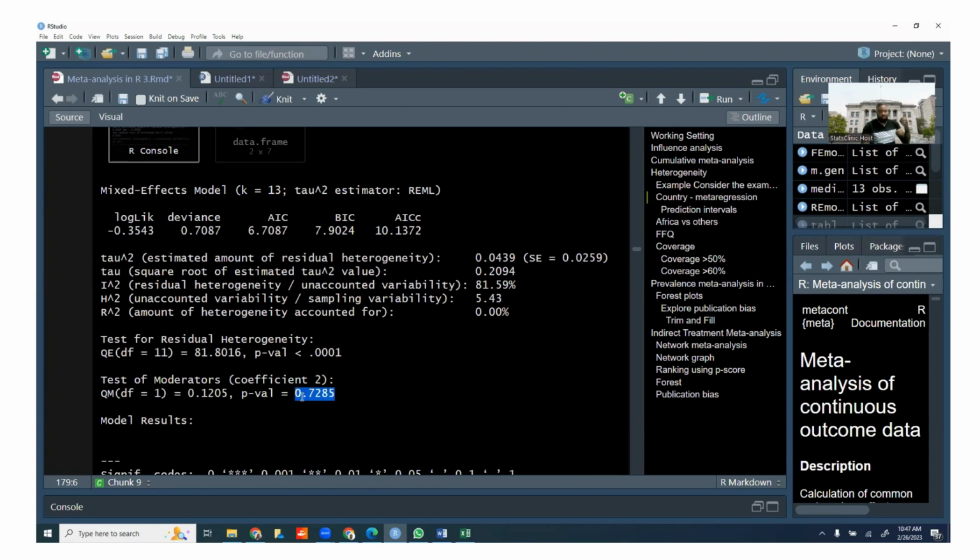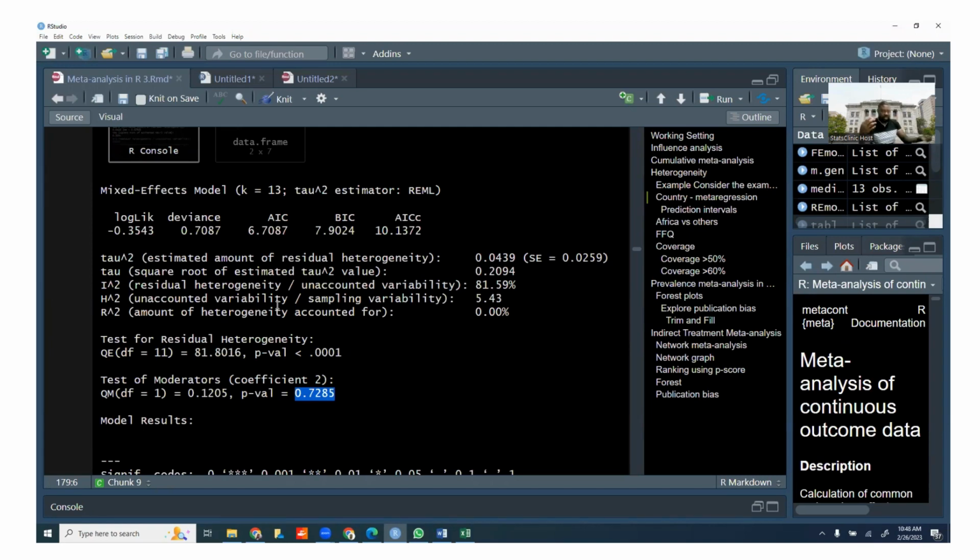This is the p-value of heterogeneity that tells us whether this moderator, which here is country, has an impact on the result or not. This is really all that we're looking at, right? If it's significant, we might want to try to predict the estimate.